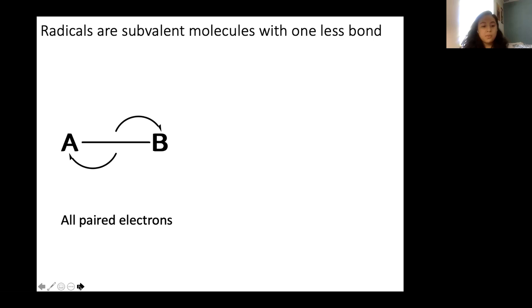And once they have been broken apart, each atom possesses an unpaired electron. Every atom has an octet rule, which is they want to be paired. All of the electrons have 8 electrons that want to be paired. But because these are unpaired electrons, they are very reactive and highly unstable.